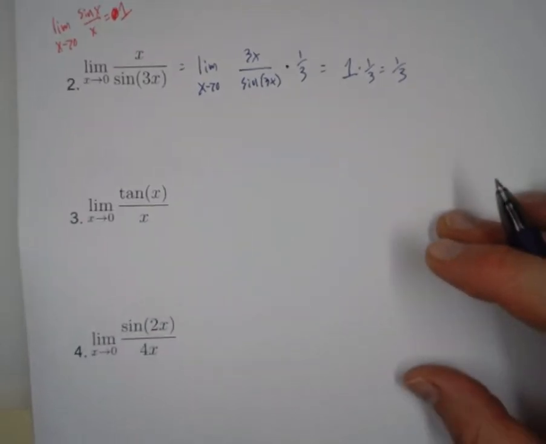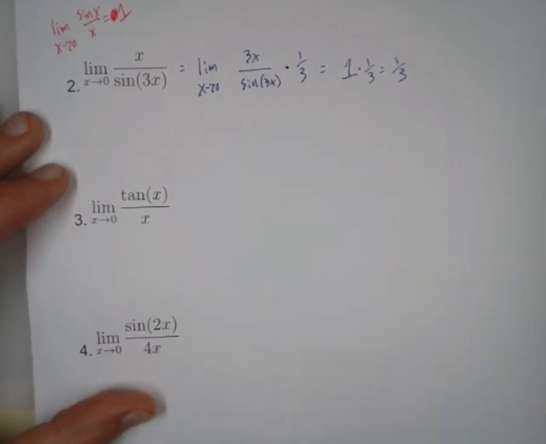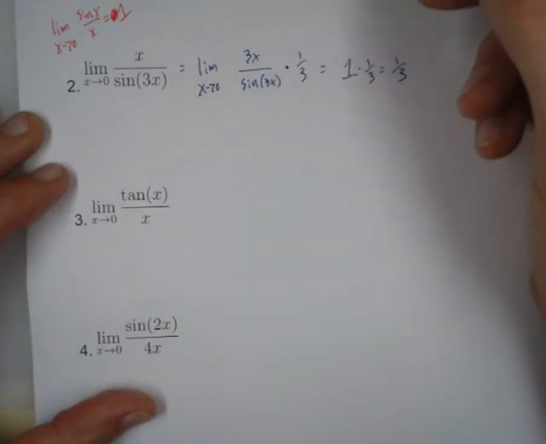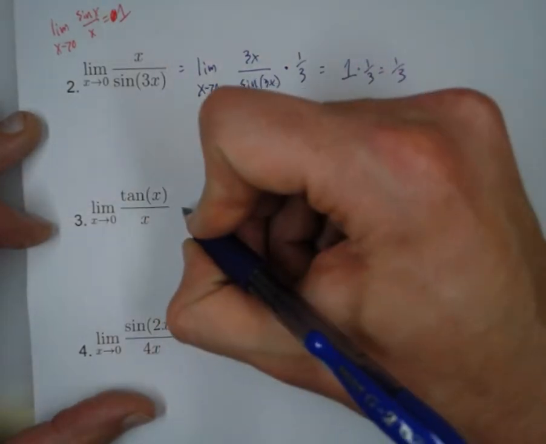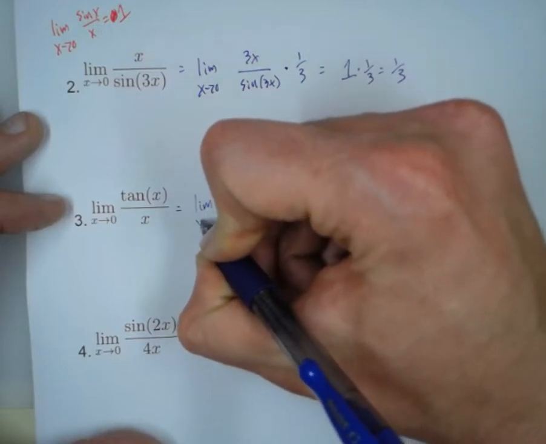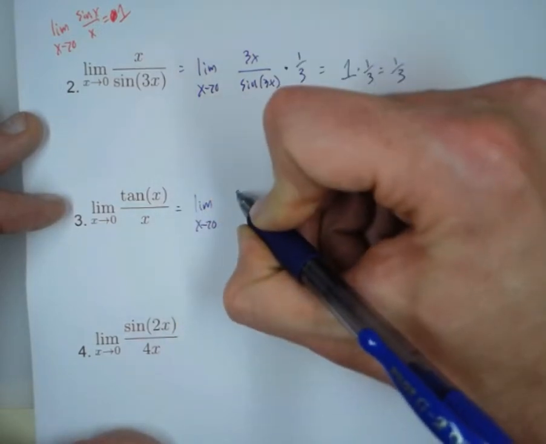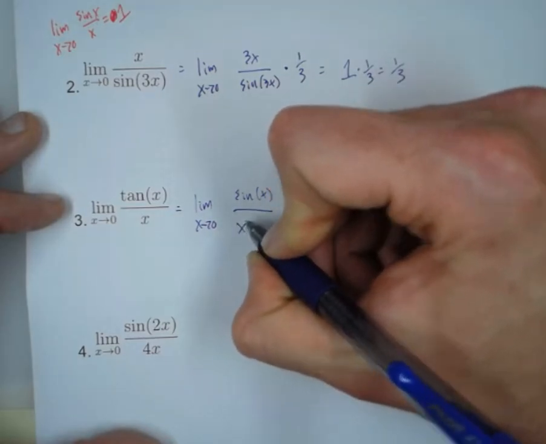Number 3, tangent. Now tangent, that can be broken down into sine divided by cosine. So that means I can write this as sine of x on top, cosine of x on the bottom, but x is already there.